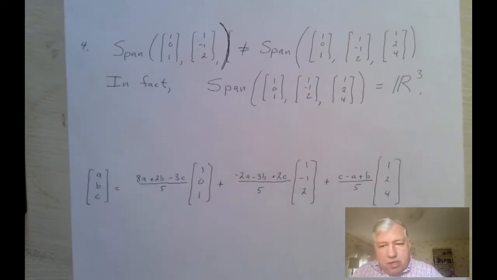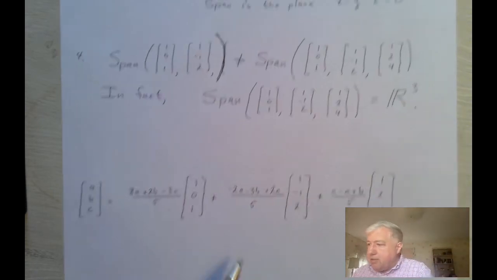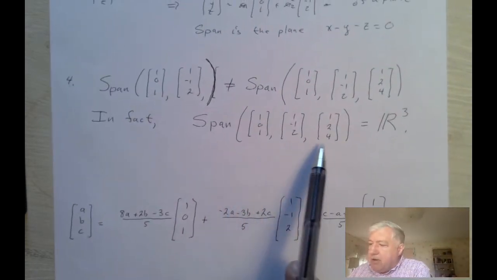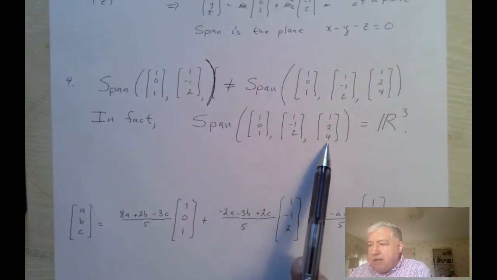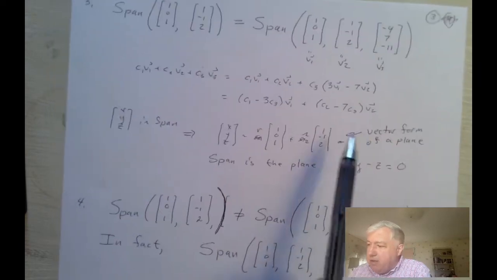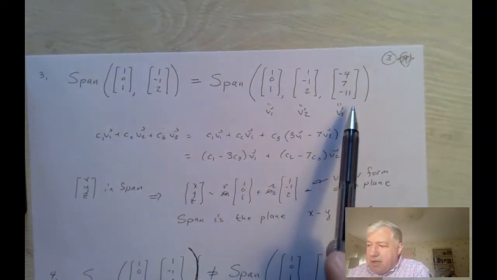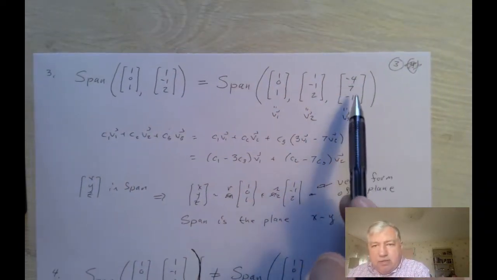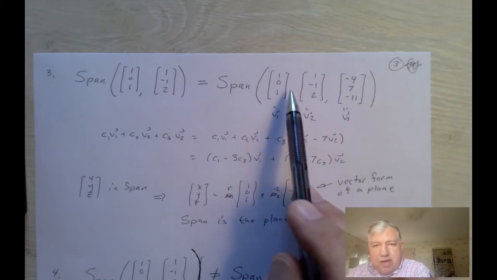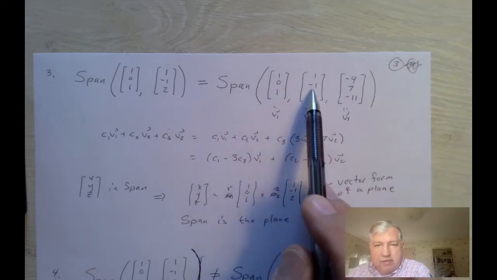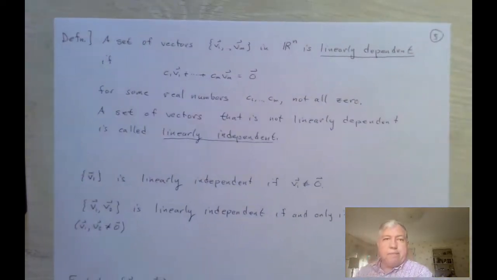And we have a special term to describe what's going on: we're going to say that these are linearly independent, and these vectors are dependent. They're dependent in the sense that this vector can be written as a linear combination of these.